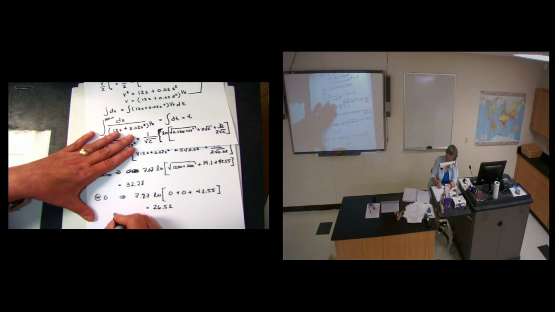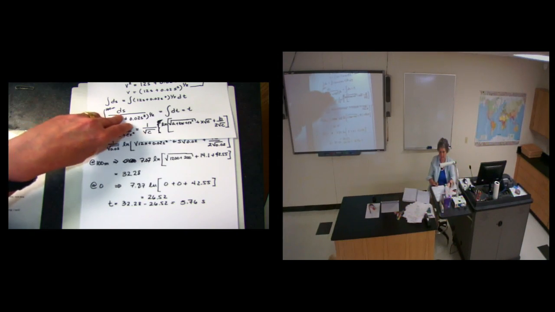So now I get minus 1 over k natural log v minus ks, minus minus 1 over k natural log v, because if I put a 0 in there, I'm only left with that. So now I have minus 1 over k natural log v minus ks plus 1 over k natural log v.